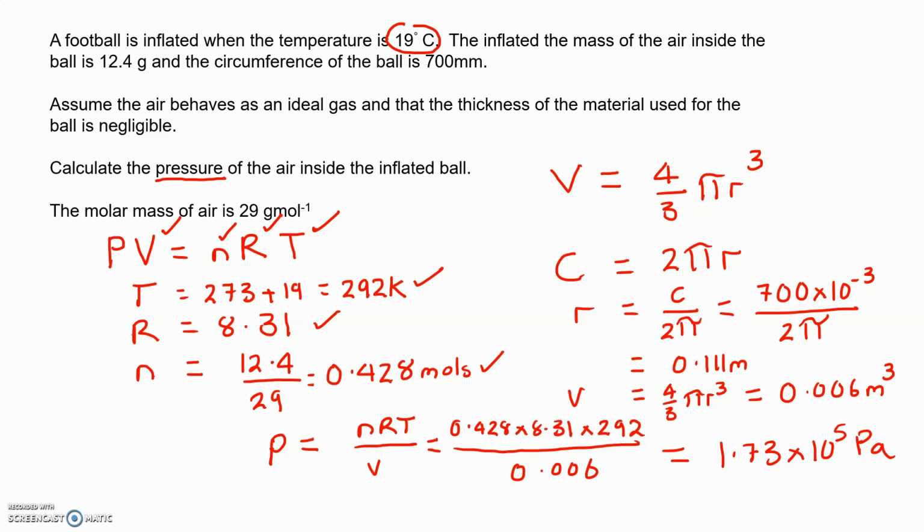Just as a matter of interest, the maximum pressure of a football that can be used in Premier League matches, for example, is 2.1 times 10 to the 5 pascals. So that is a legal ball, and the circumference of the ball in this question is also legal.